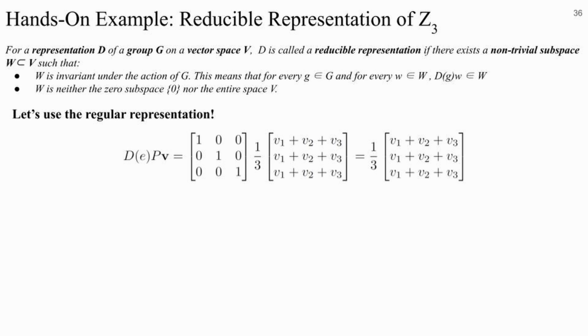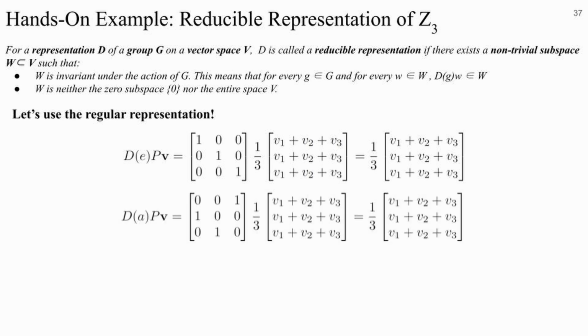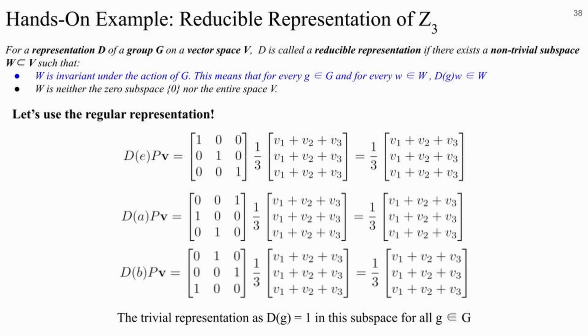So as always, applying the identity is trivial, and it just gives us back PV. So this one holds so far. We can do the same thing with A, and we see we still get back P times V. And surprise, surprise, we do the same thing with B, and we see that we also get back P times V. In fact, what we notice is that the regular representation is acting like the trivial representation in this subspace, as applying any of the matrices that are part of this representation is equivalent to applying the identity.